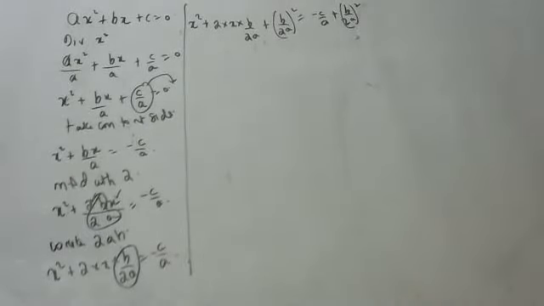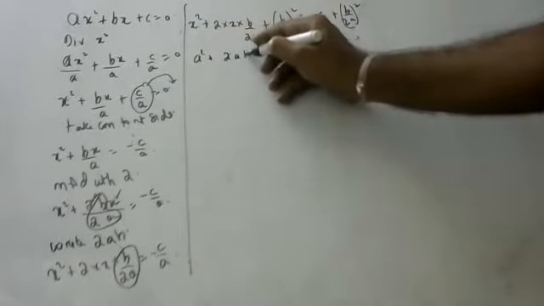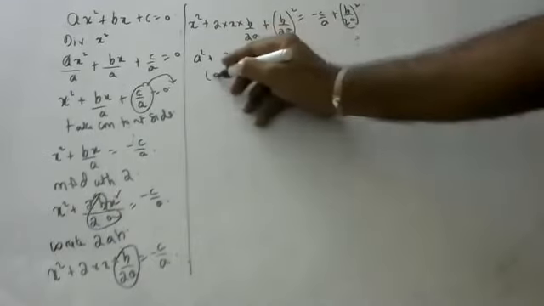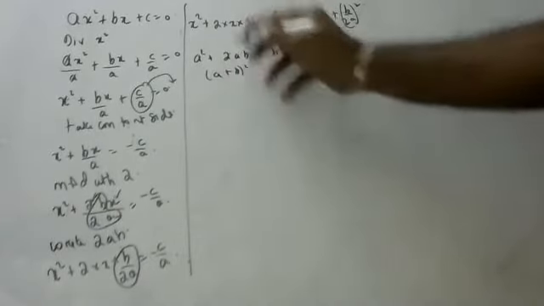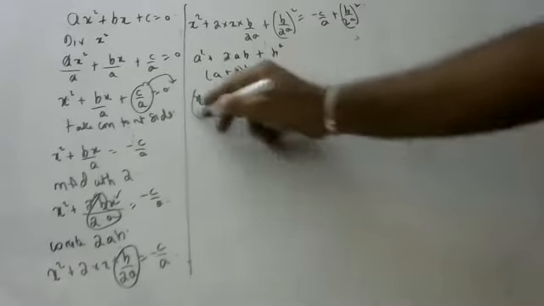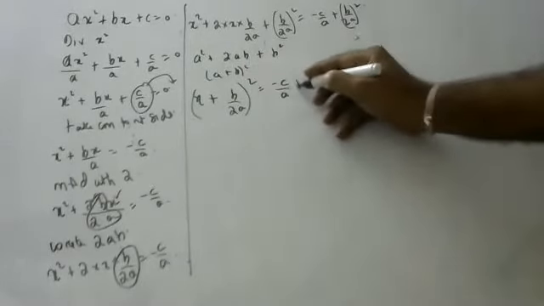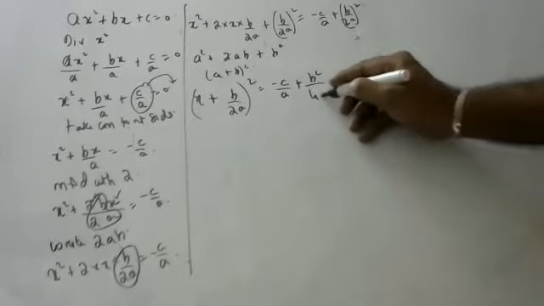Remember, children, add the leftover term square on both sides. It is in the form of a square plus 2ab plus b square, which is nothing but a plus b whole square. So x plus b by 2a whole square is equal to minus c by a plus b square by 4a square.